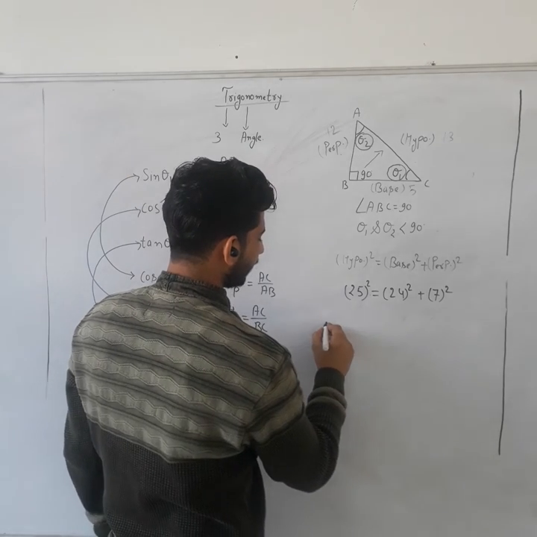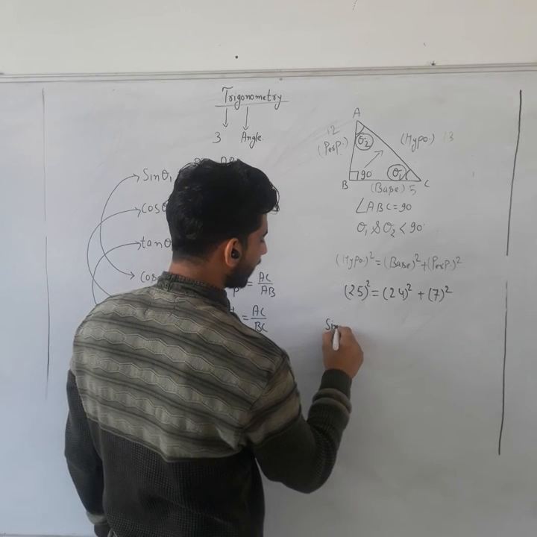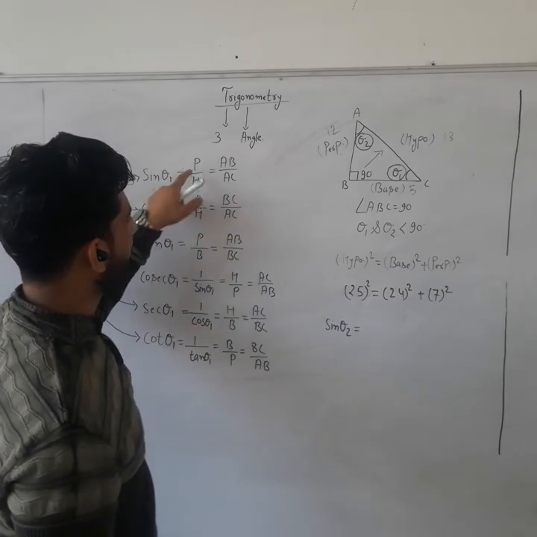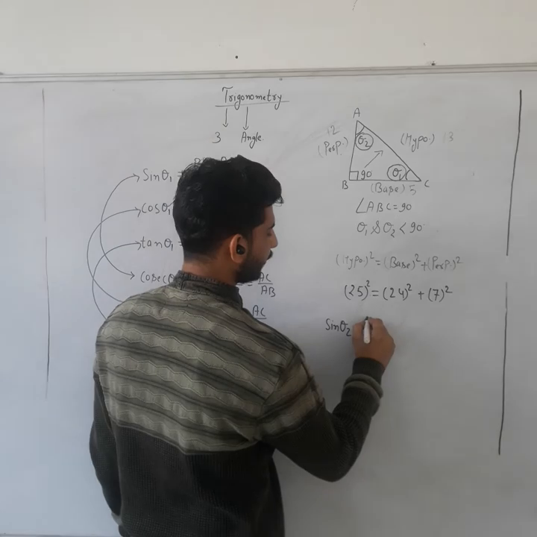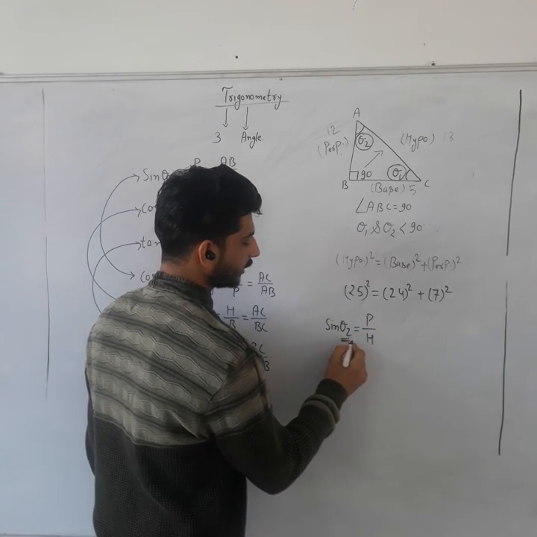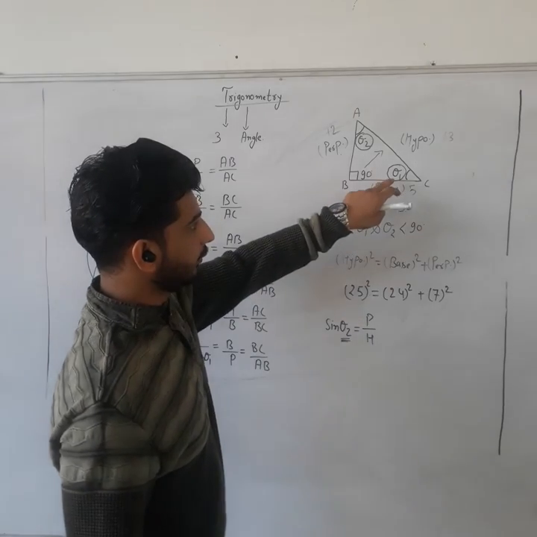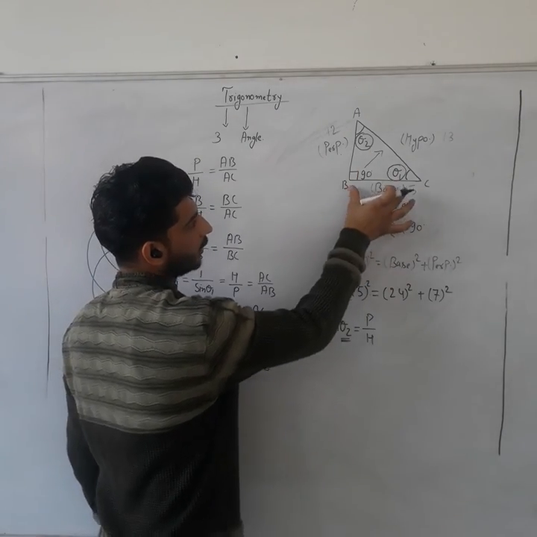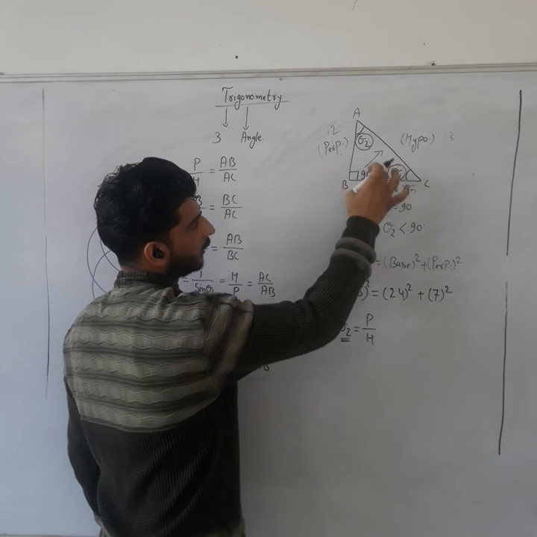So in the same way, if we have to find sine theta 2, what is sine? Sine is the perpendicular upon hypotenuse, means P upon H, but here theta 2 is changed. First we had taken theta 1, now we are taking theta 2. So what is the perpendicular? BC, in front of theta 2.